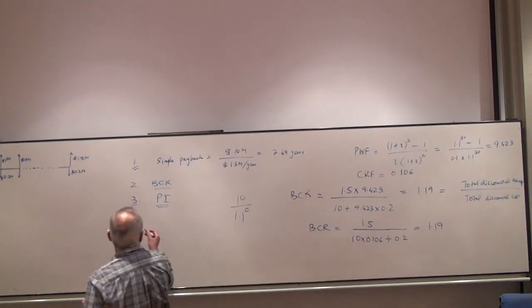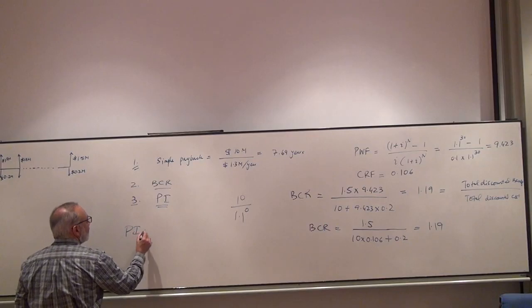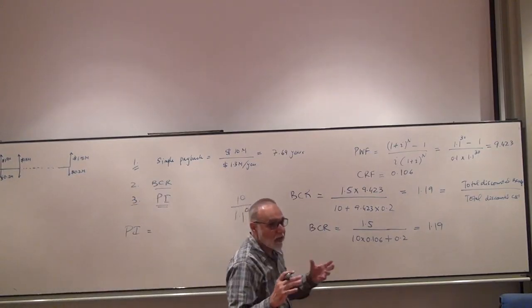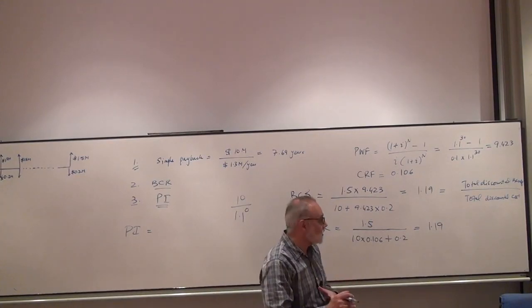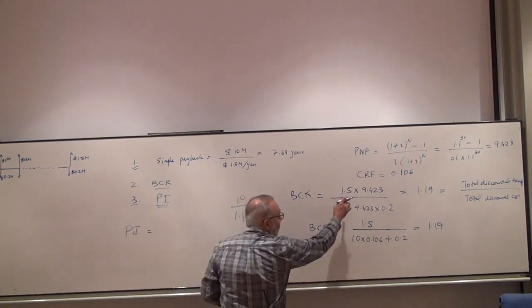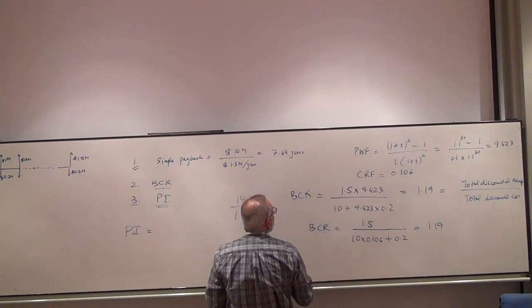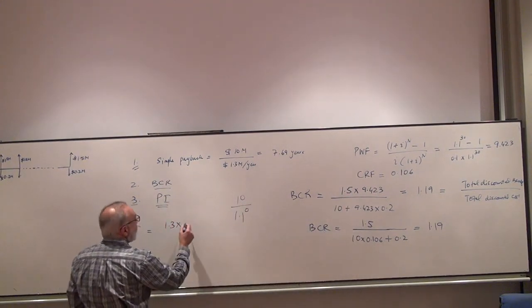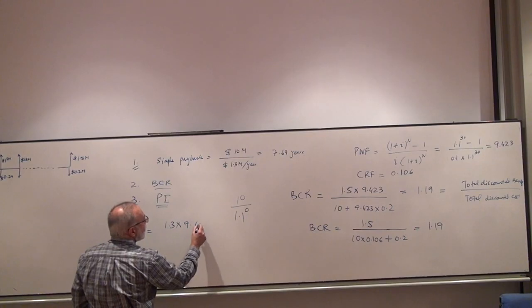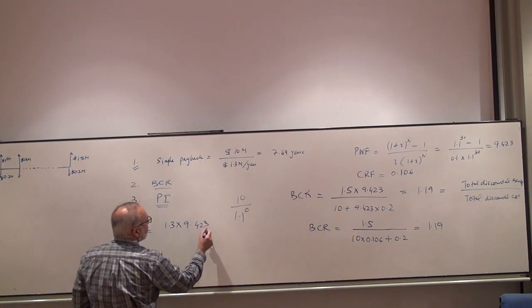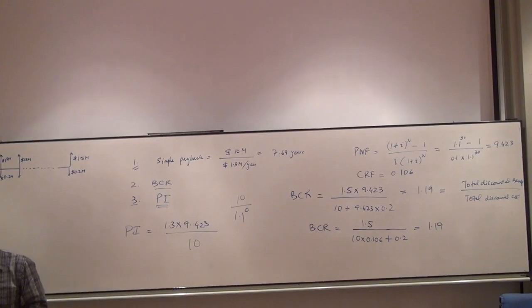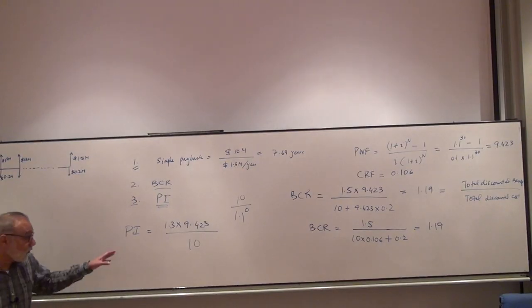So the profitability index is the net discounted benefits, which net is what? 1.3. Good. So 1.3 multiplied by 9.423 divided by 10. This is your profitability index.